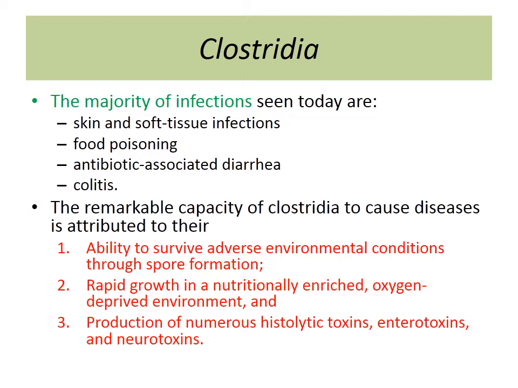And of course, these bacteria have an ability to survive in soil, water, and they are ubiquitous. They are there. They can stand adverse environmental conditions. They form spores. So that's another important thing. Remember, we talked spores, Bacillus anthracis formed spores. As far as their rapid growth is concerned, they need a nutritionally enriched, oxygen-deprived environment.